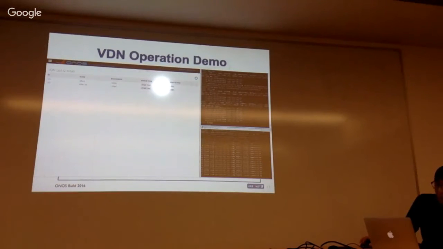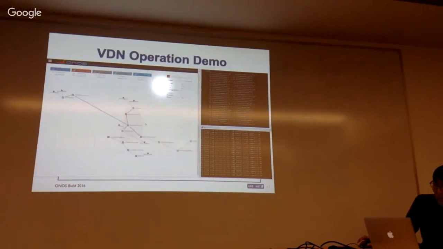If you want to show detailed information about a specific VDN, type VDN detail and the VDN ID or name. It can also be shown by the GUI. This is the VDN topology view, just a single view.